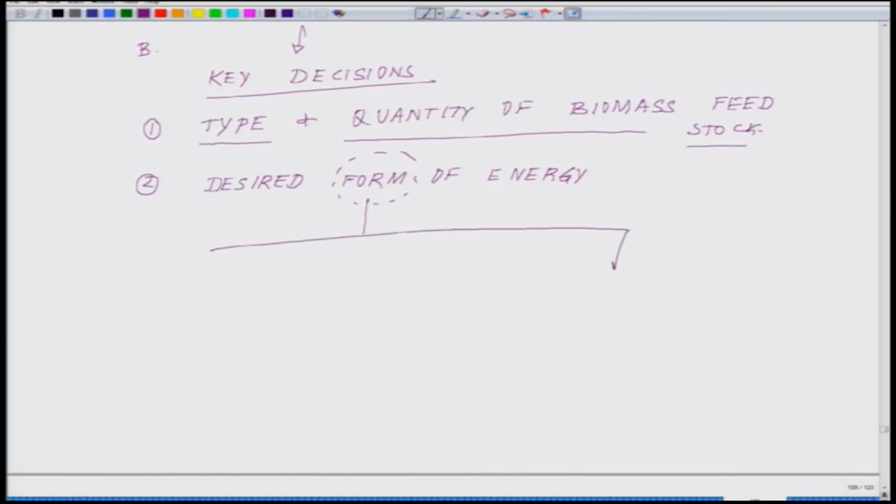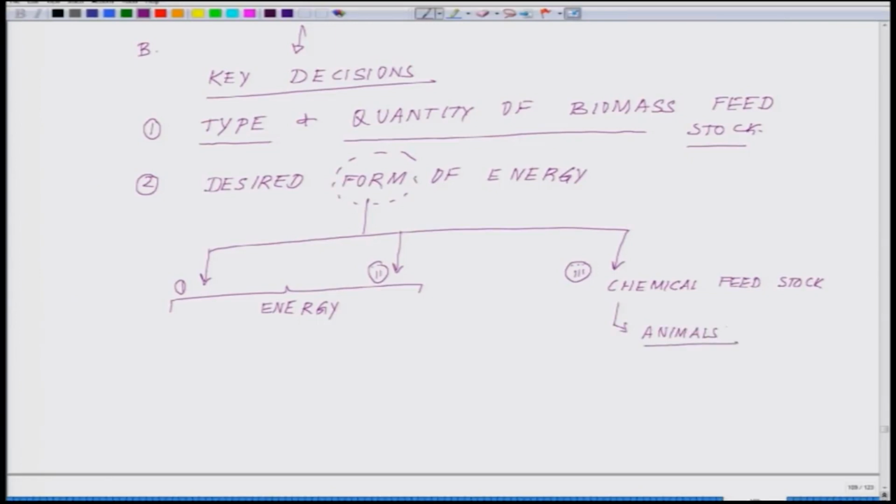The biomass could be divided into 3 different categories, out of which 2 fall under energy category, and the third one. So, if this is 1, this is 2 and this is 3, the third one falls under chemical feedstock. So, this is for the animals, okay, animal feed and all other stuff.